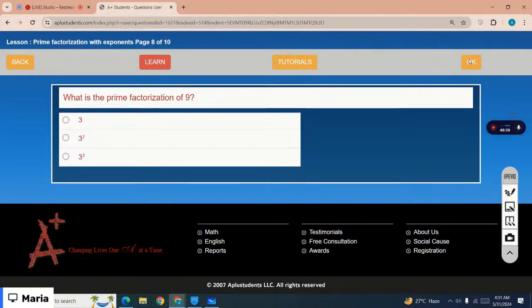That is 3 square, option number 2 is the correct option, right?